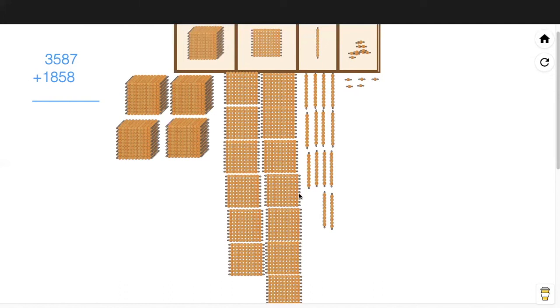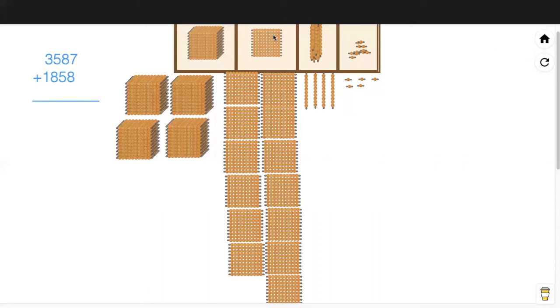Everybody, let's take away 10 beads. 1, 2, 3, 4, 5, 6, 7, 8, 9, 10. Katie, how many beads do I have left? 4. 4, is that more than 10? No. Nope, so I'm all done.